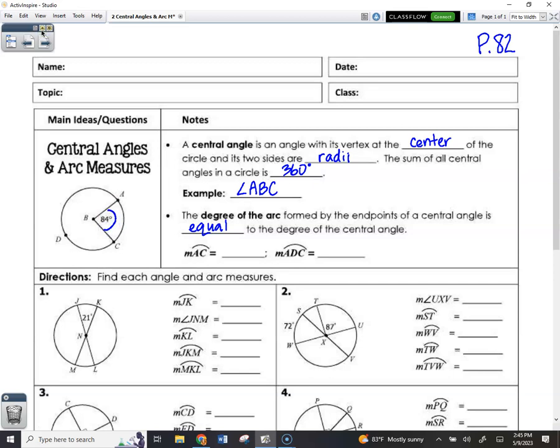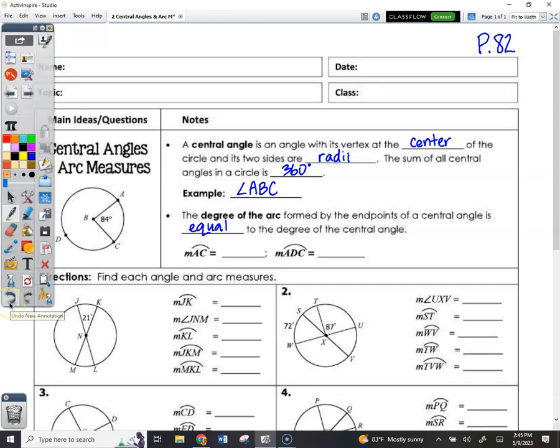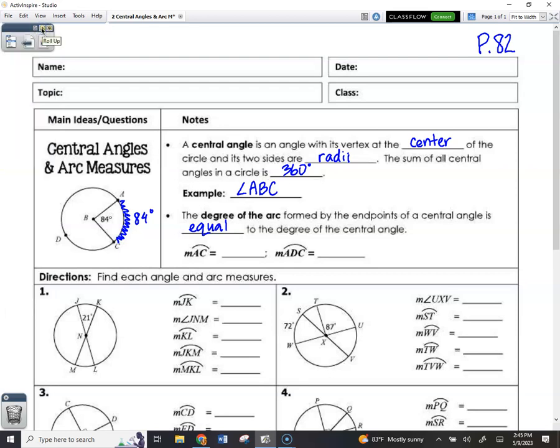Okay, so look at the arc it opens up to and forms. This is also 84 degrees. Okay? The central angle equals its arc. They're equal. Right? I want you to think of it as a piece of cake.